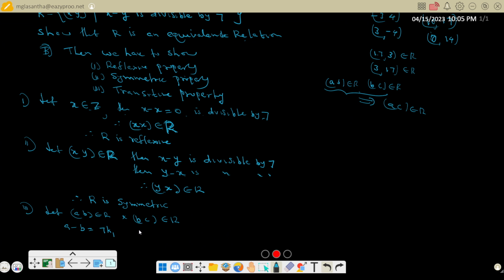If (b, c) belongs to R, then b minus c equals 7k2, where k1 and k2 belong to Z. They are integers.